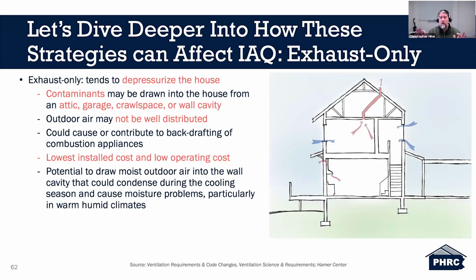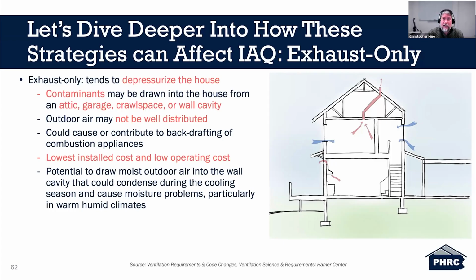So, looking at our three strategies, the first one here is exhaust only. I know there were a lot of comments scrolling through the chat, and I know that some folks never use this, but overall this is probably one of the most common strategies selected to achieve the indoor air quality requirement or the whole house mechanical ventilation requirement.